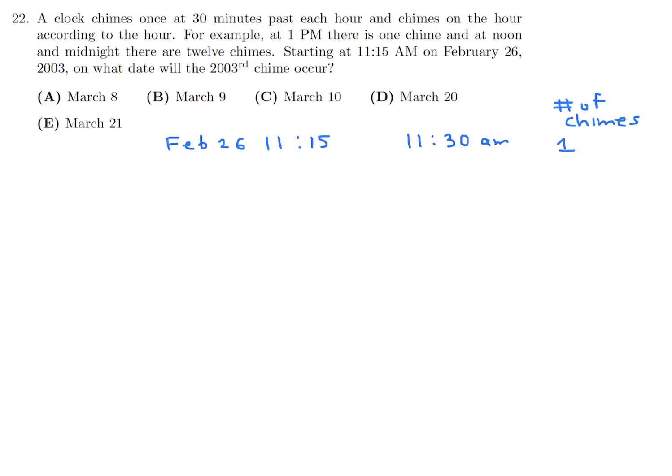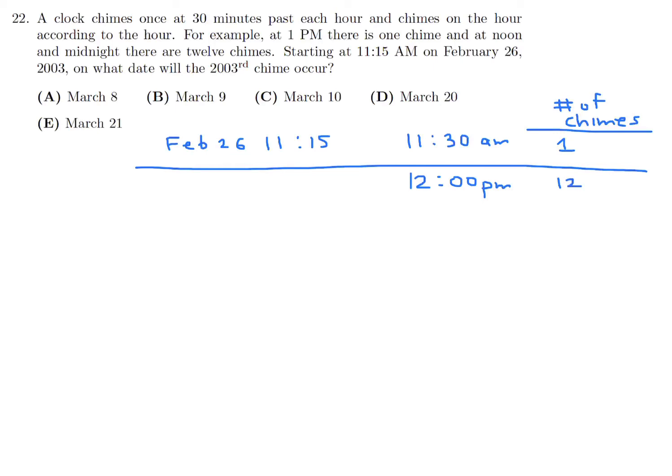So first chime right there. And then we get to 12 noon, so 12 p.m. And at that point you have 12 chimes. And then you have 12:30 p.m. and at 12:30 there will be 1 chime because there's 1 chime at 30 minutes past each hour.